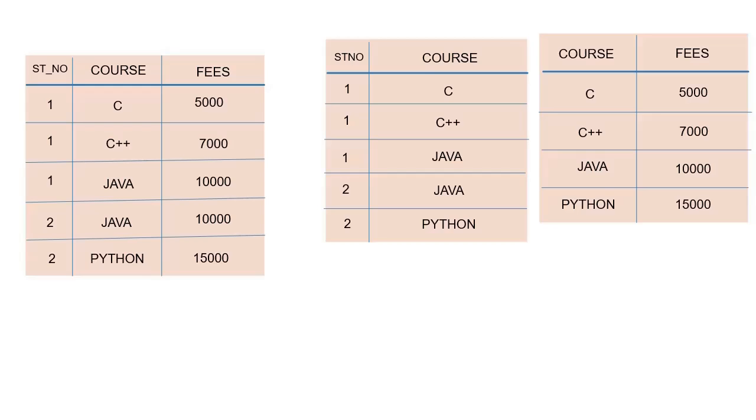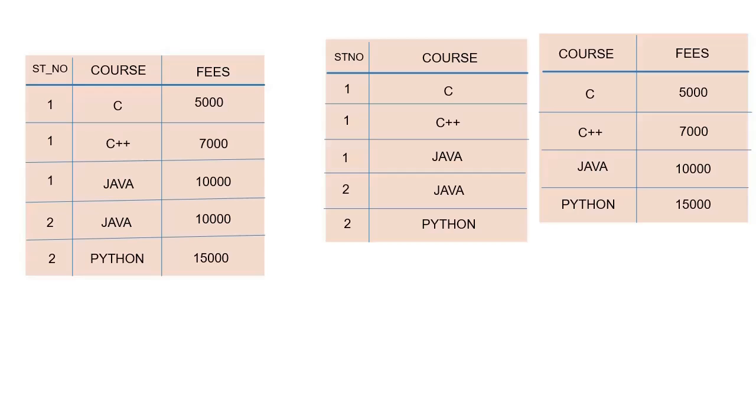That's the reason why we split our table into 2 new tables. We can see 2 tables here with 2 columns, and the first table has 5 rows and the second table has 4 rows. The first table has 2 columns, namely student number and course. Here the student number decides the course, that is, the student number itself is a primary key and the course is a non-prime attribute, completely dependent on the student number, which is the primary key.